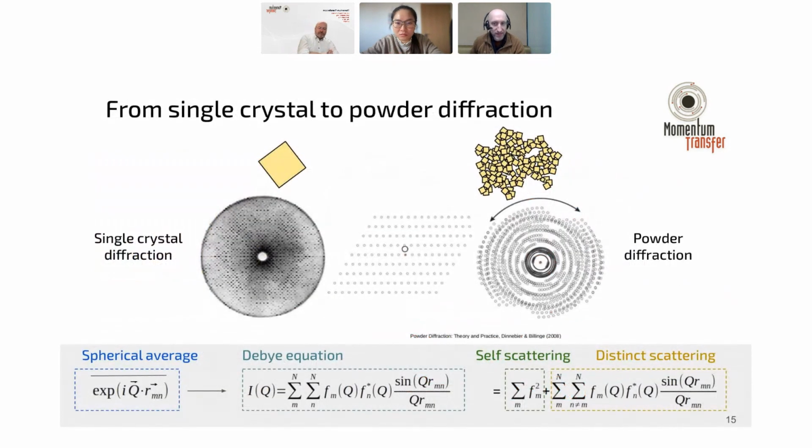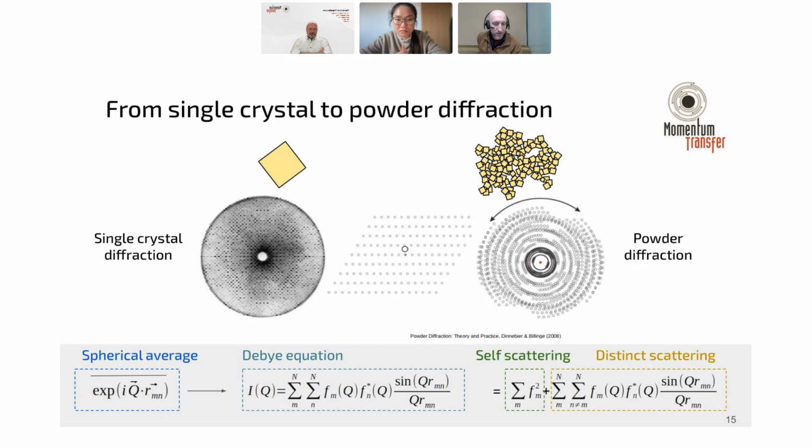Okay, and so when we take single crystal diffraction and we go to a population of crystallites and start doing an orientational average, now we're overlapping all of our diffraction patterns in all directions, and diffuse scattering when we're not satisfying the Bragg conditions, and collecting all of this information into one overlapping pattern. So we can do a spherical average on this exponential term, and we get basically the Debye equation. So this has this sinc term, and now we're looking at the magnitude of these values and not the vectors anymore.